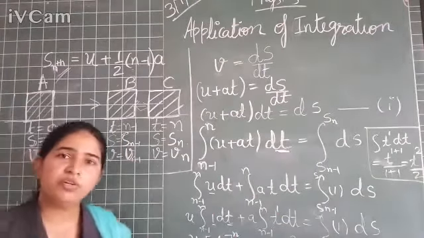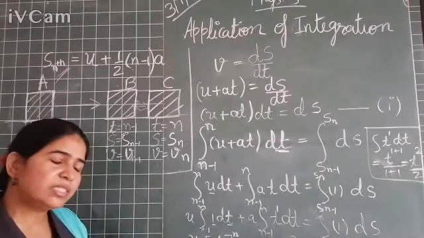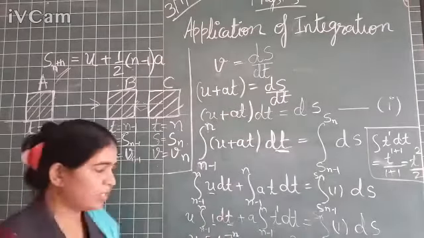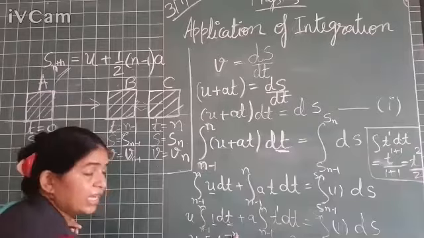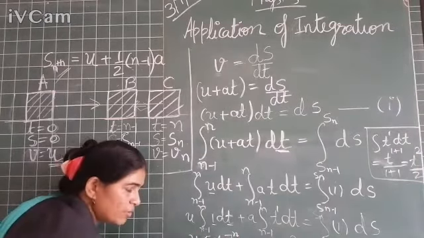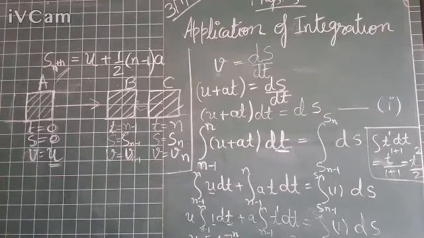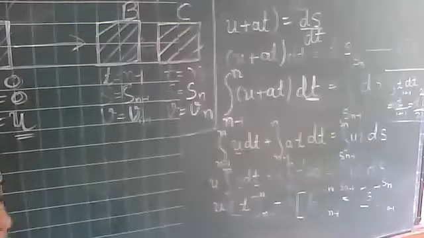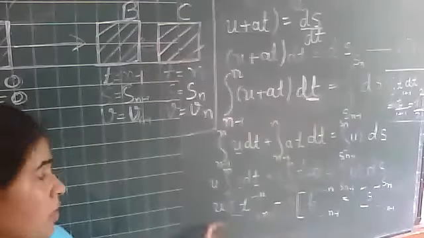Now, as we did previously, we are going to substitute the upper limit, which is n, minus the lower limit. So this is the last part.